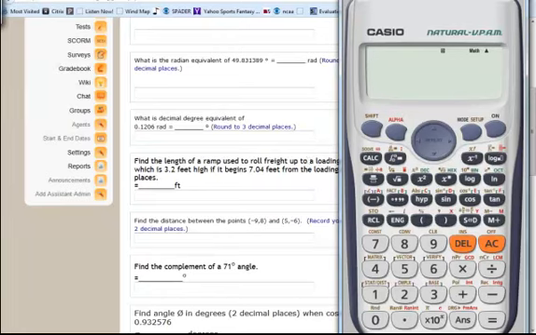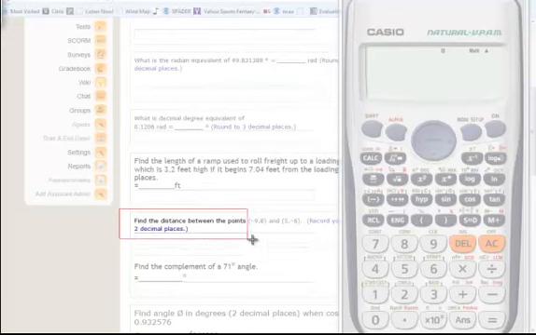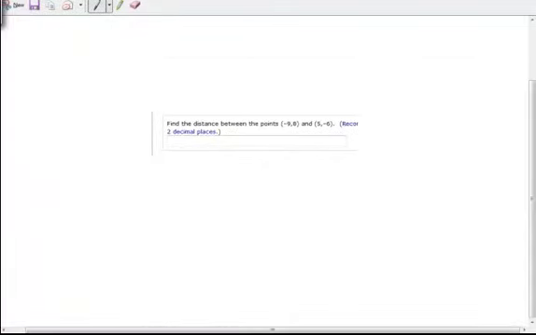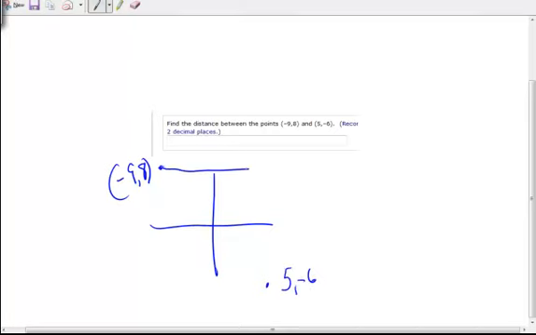Next one. Find the distance between these points. Okay. Same kind of thing. You've got the points back 9, up 8, and forward 5, down 6. And you want to find how far apart they are, or in other words, use the Pythagorean theorem there.